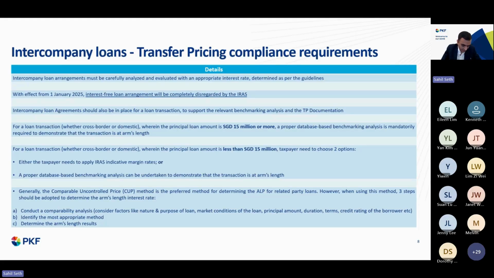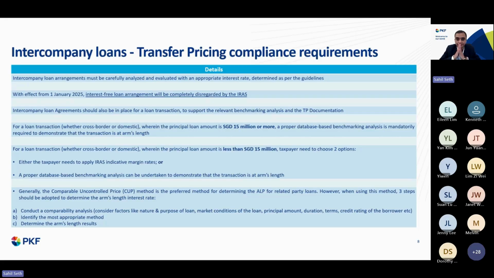Now, in case of a loan transaction, we need to examine the principal loan amount. Unlike other transactions involving sale, purchase, or services, etc., wherein we just look at the transaction value, right? But for the loan, it has two components, principal and interest, right?